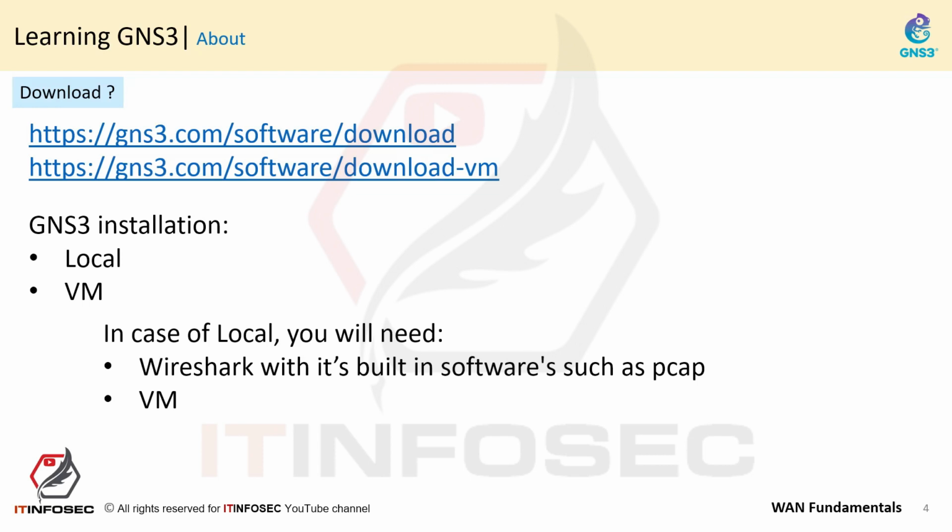But if you have good and powerful servers that provide enough hardware resources for CPU and memory, you can install and run a virtual machine of GNS3 on that, and then connect to that virtual machine through a web page, and configure and use it. In case of local, you will need Wireshark with its built-in software such as PCAP.